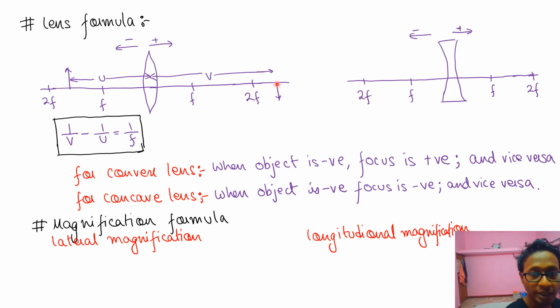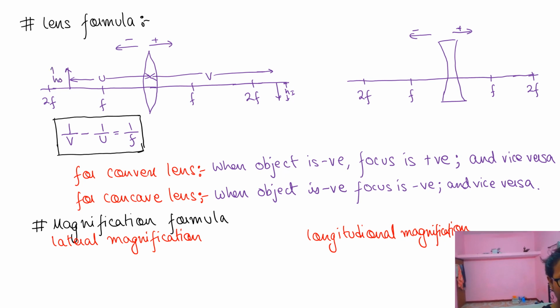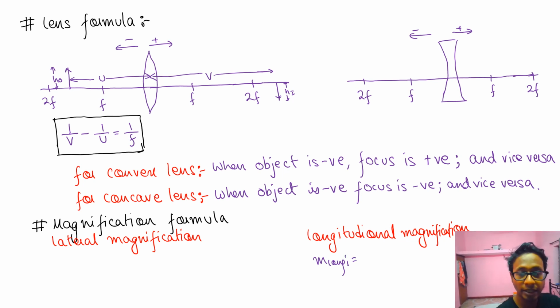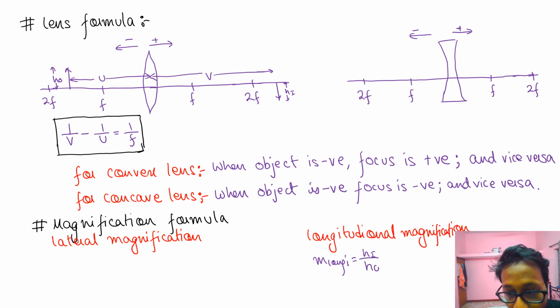So height of object, and height of image. Lateral magnification is nothing but the height of image by height of object, where hi is the height of image, which is A'B', and ho is the height of object, which is AB.